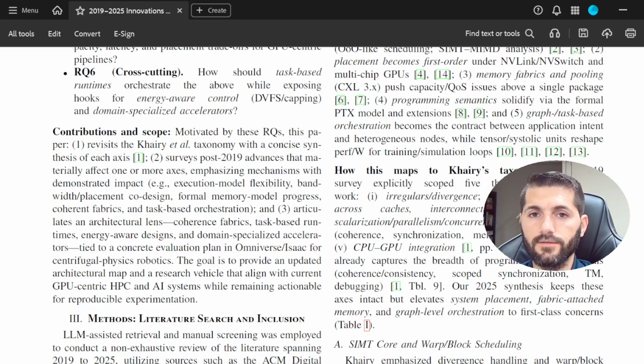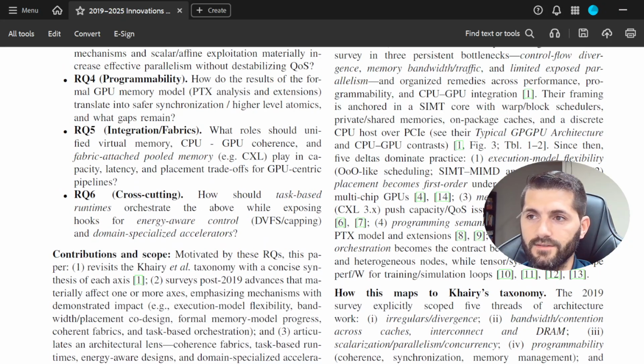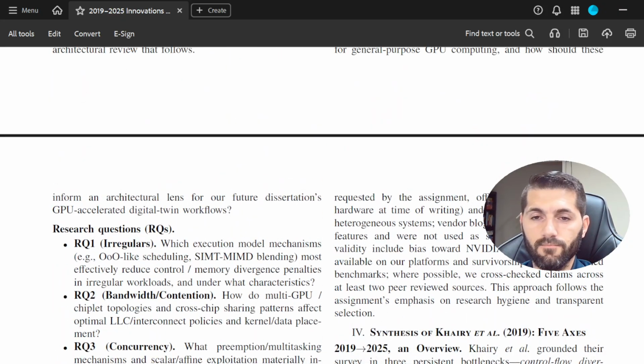I did prioritize peer-reviewed articles from 2023 to 2025. I looked at whether they were methodologically clear and whether they had relevance to the deltas, which we were requested to look at as part of this assignment. And I did use a little bit of official specifications related to hardware at the time of writing.